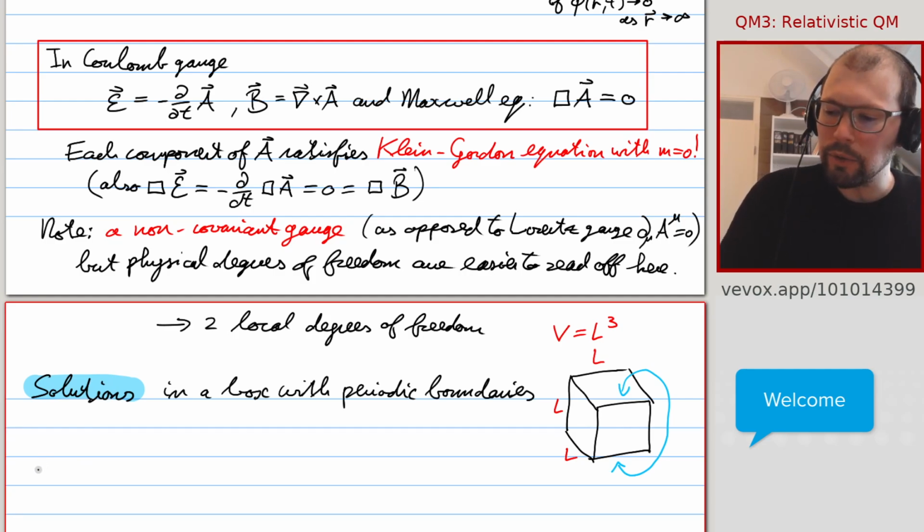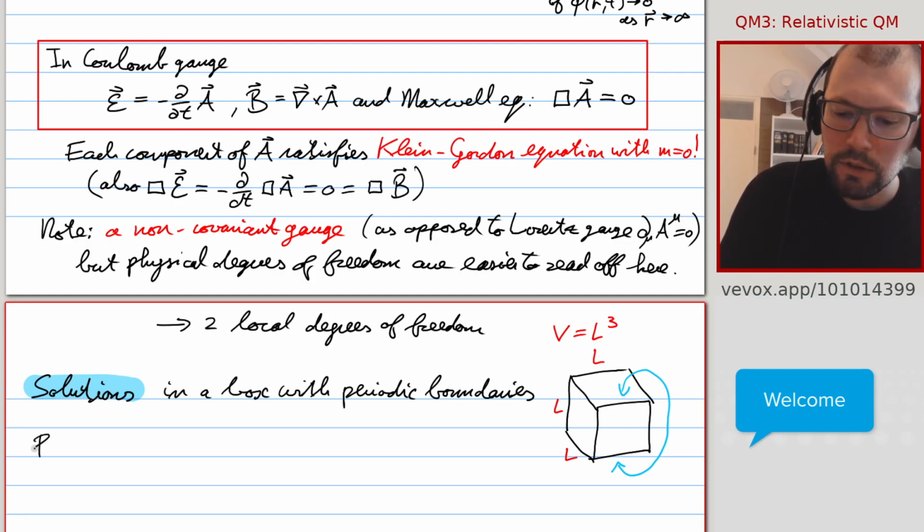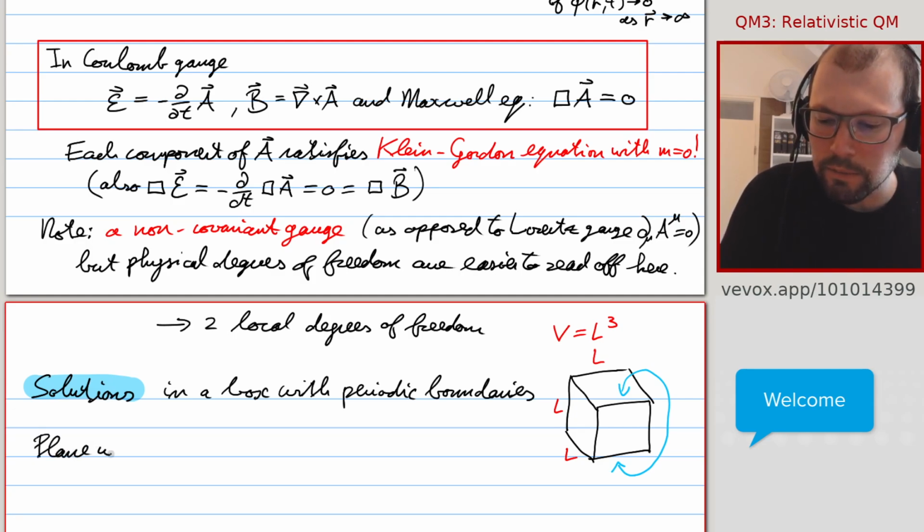So the typical way we go about this to find an exact solution is first to look at the plane wave solution that satisfies these boundary conditions. So let's look at the plane waves.